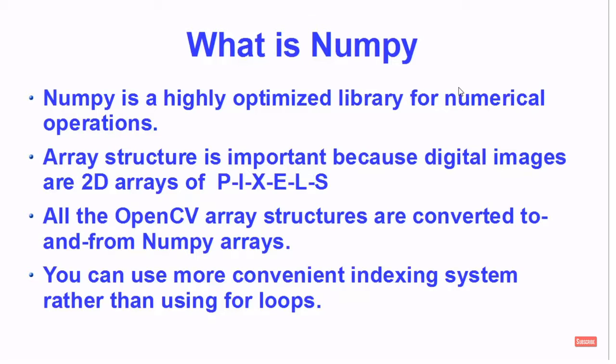A computer cannot work with it otherwise, but it can be saved as data, and we are using it as a variable. So we need to convert that OpenCV output into a particular form, so that the data is given in the form of numbers, and those numbers are used by NumPy to work accordingly. You can use a more convenient indexing system rather than using for loops.